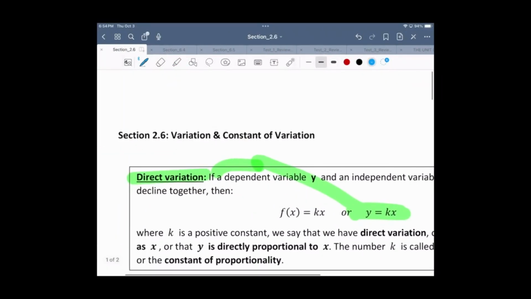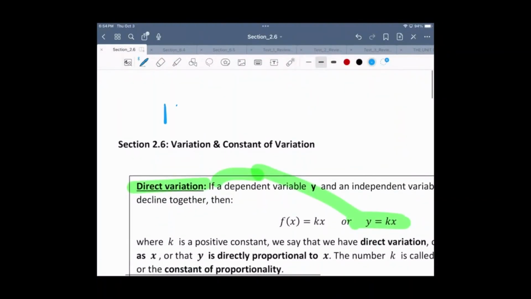So to begin with, k, or constant of variation, is really a ratio of y over x. You can think of it as that.